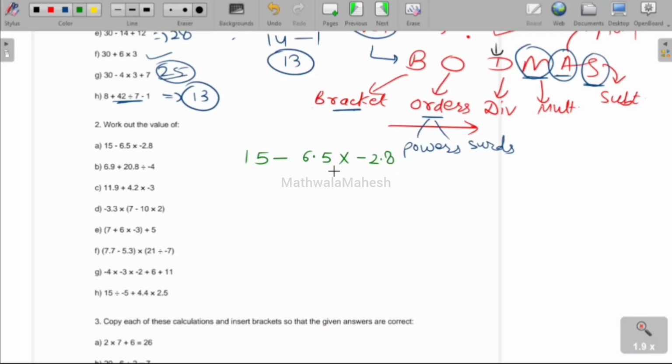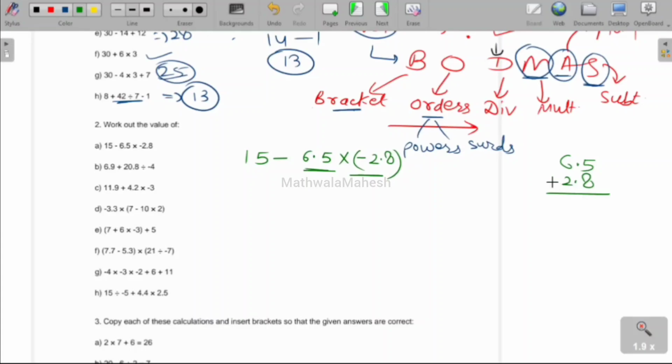So we can write minus 2.8, this number is multiplied by 6.5. So we will multiply first, which is 6.5 multiplied by minus 2.8. So 6.5 multiplied by 2.8.